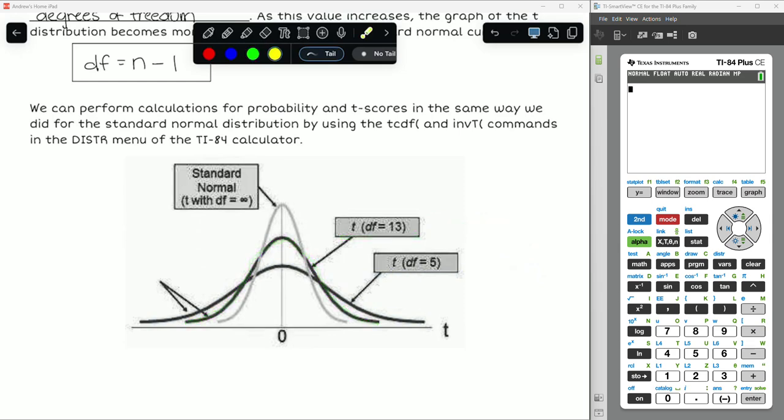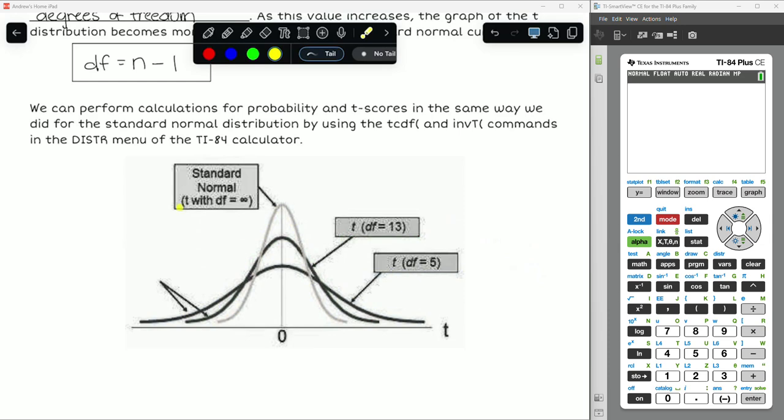And then we see at the top what we know as the standard normal curve, which is much narrower. They all have a bell shape. They're all symmetric about 0, but the standard normal curve is much narrower than the student t.